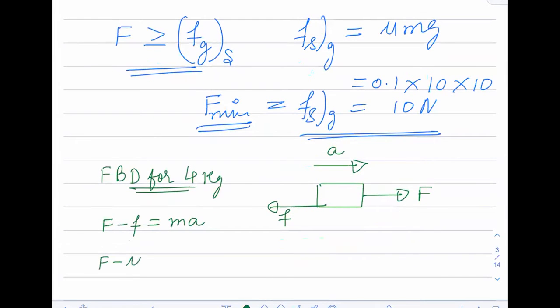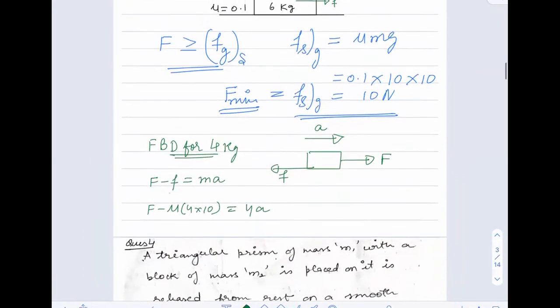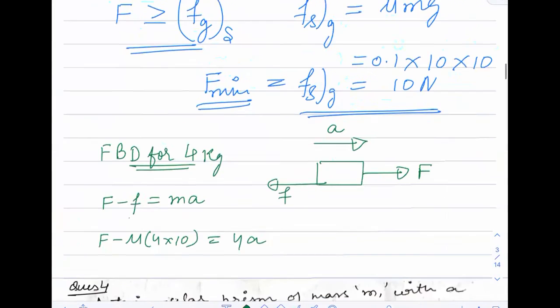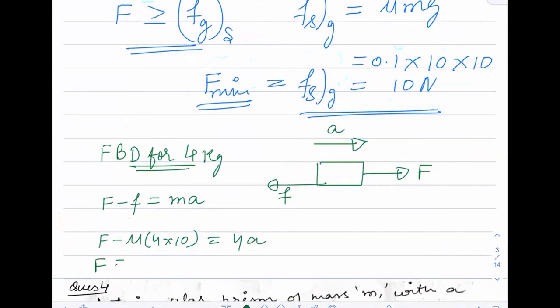It is mu into 4 into 10 is equal to 4 into A. Now the mu value is given to me as 0.5 in the question. So F value is 0.5, so this becomes 20 is equal to 4A.